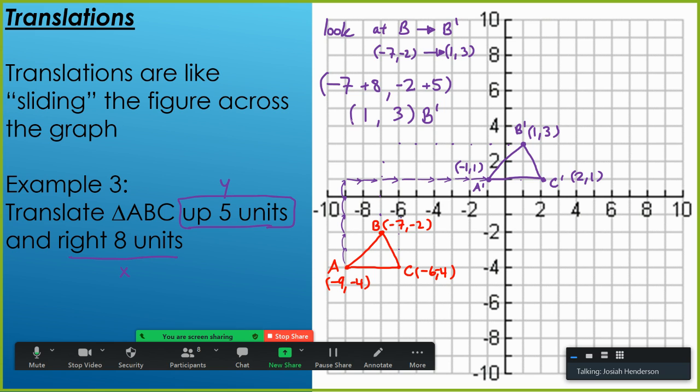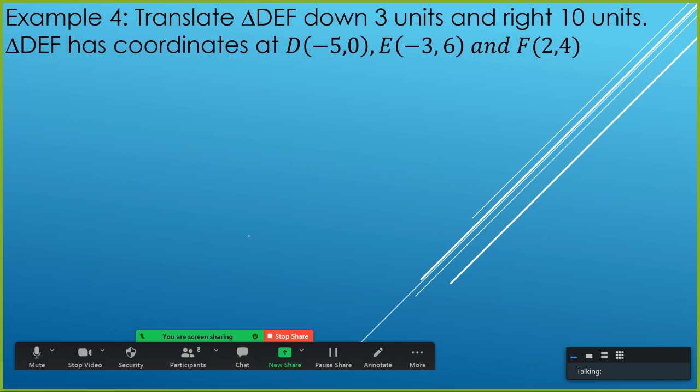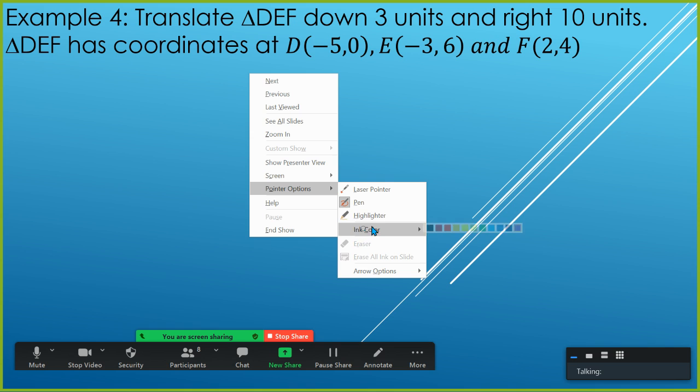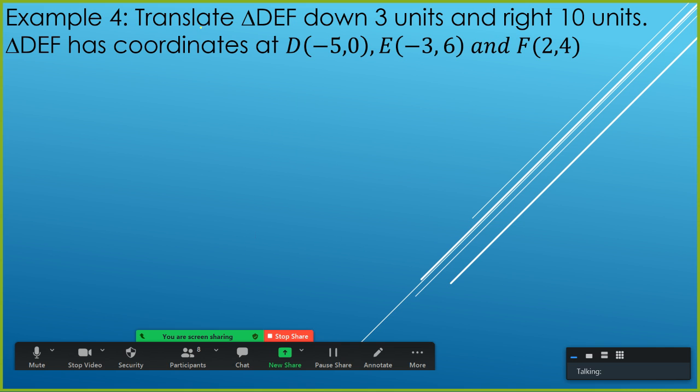Let's try another example, but without the graph this time. Okay, translate triangle DEF down 3 units and right 10 units.